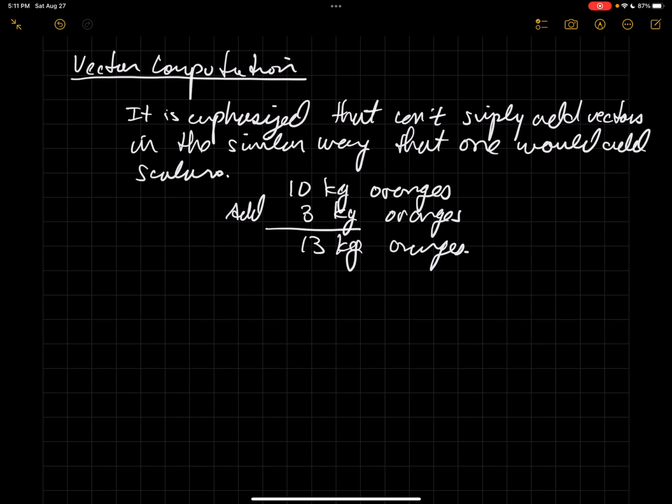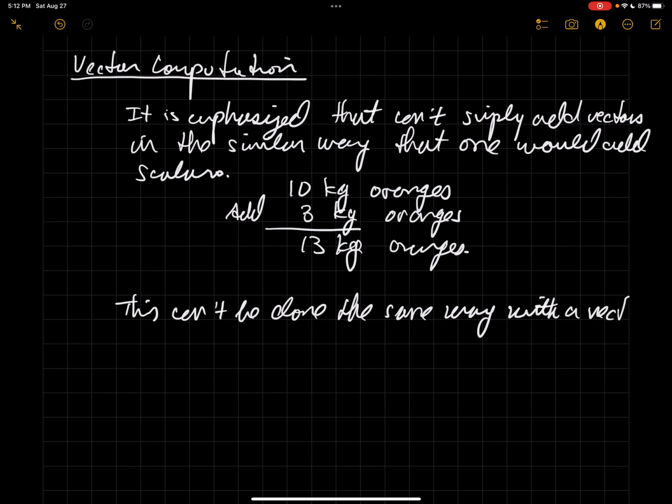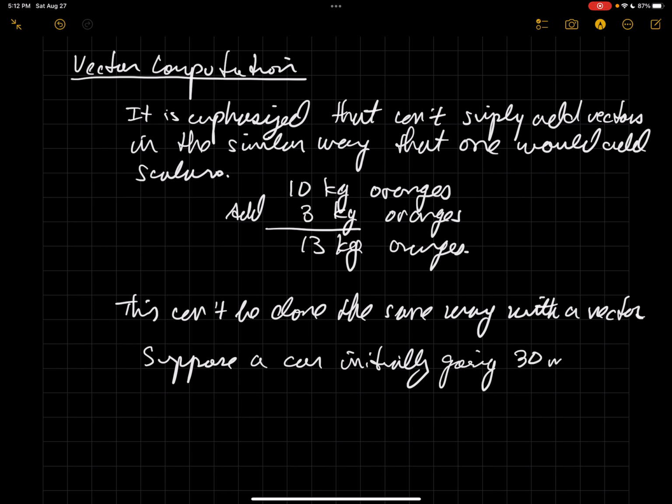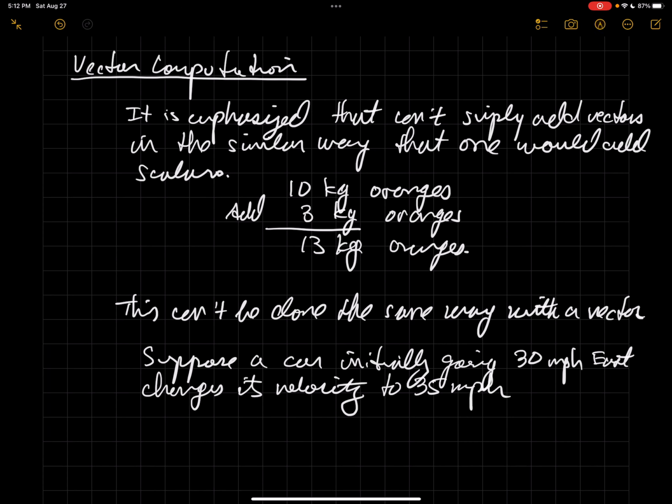So, for example, if you were to say that a car initially going 30 miles per hour to the east changes its velocity to 35 miles per hour to the northeast.